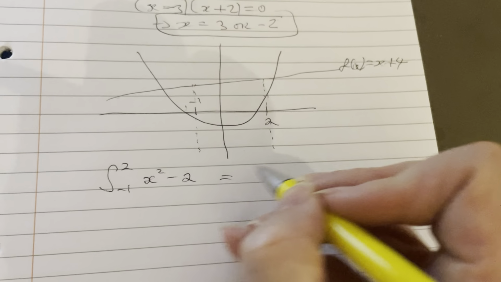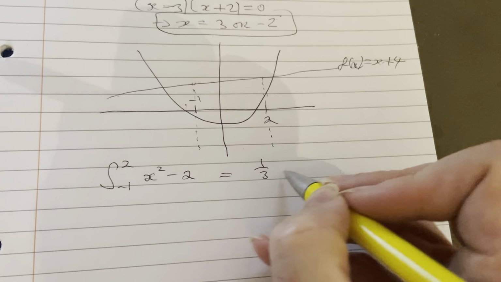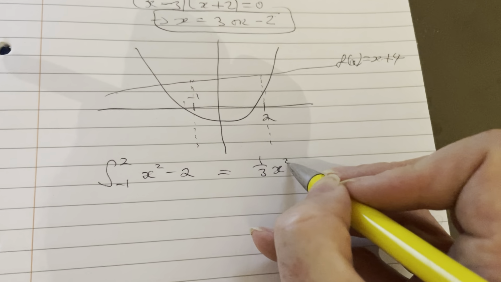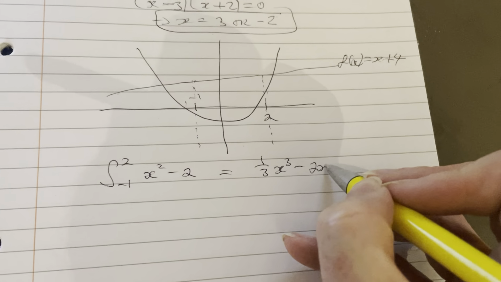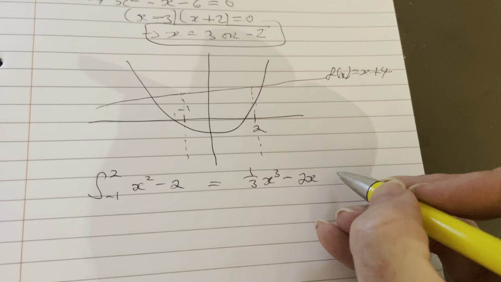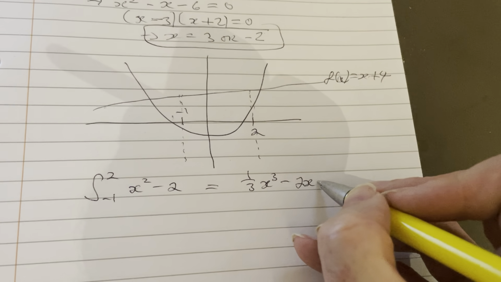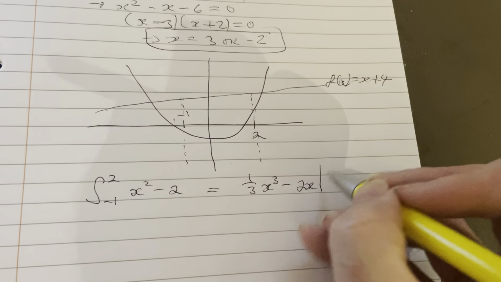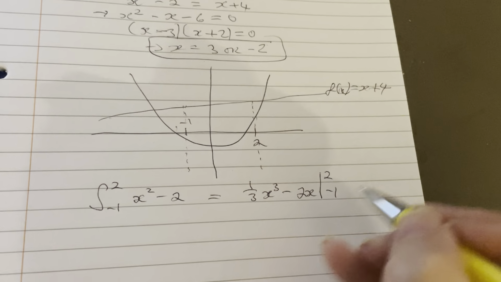Have to think about this one. Okay, so it's a third x cubed minus 2x between 2 and minus 1.